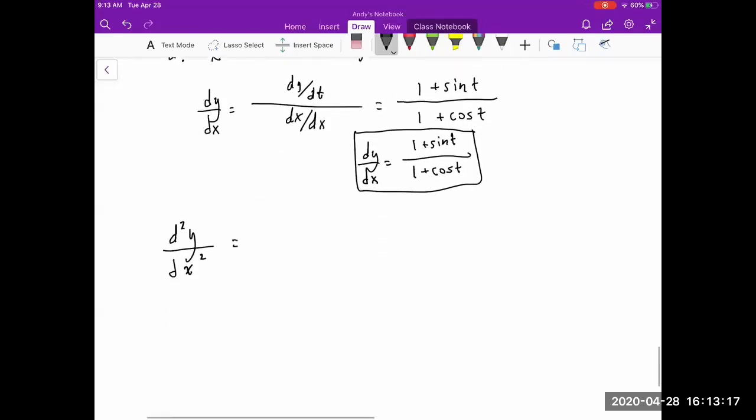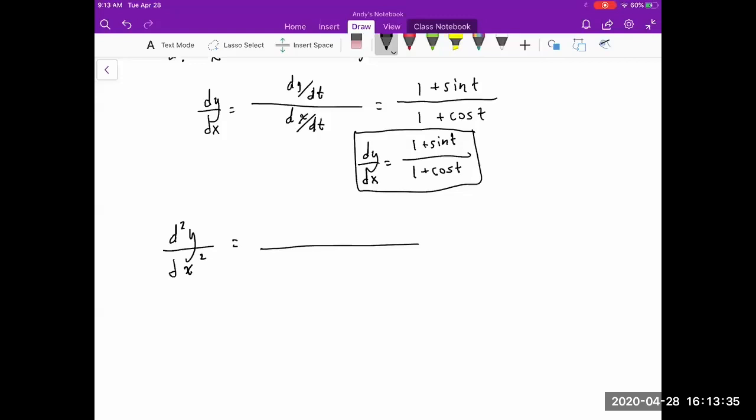And it's this. By the way, this should have been a dt over dx. No, sorry, dx over dt is what I meant to say. There we go.